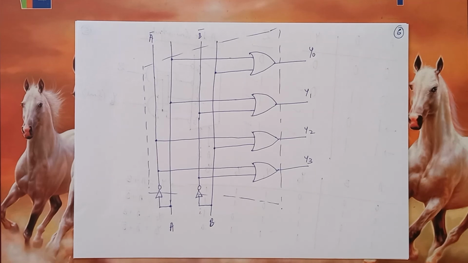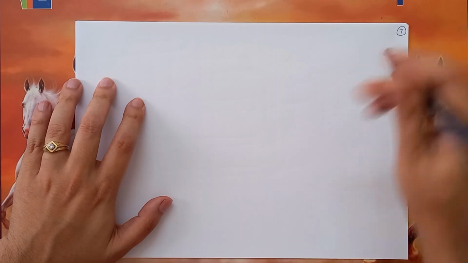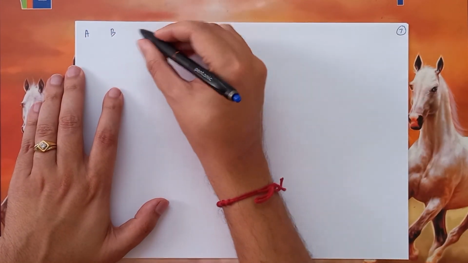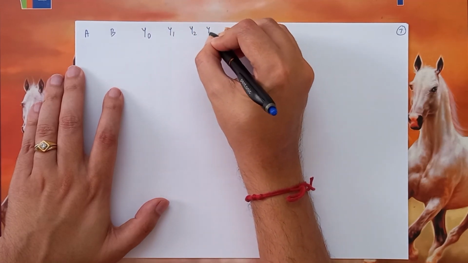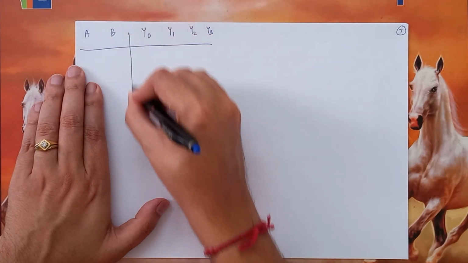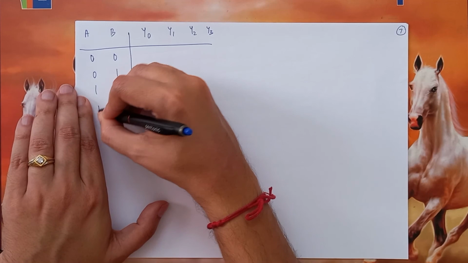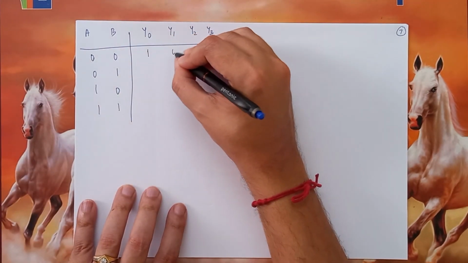Similarly, we can also do the same for a 2:4 decoder with active high outputs. Let's do this very quickly. Once we've done the active low part, we can do the active high part pretty easily. So here Y0 will be 1, the rest will be 0.